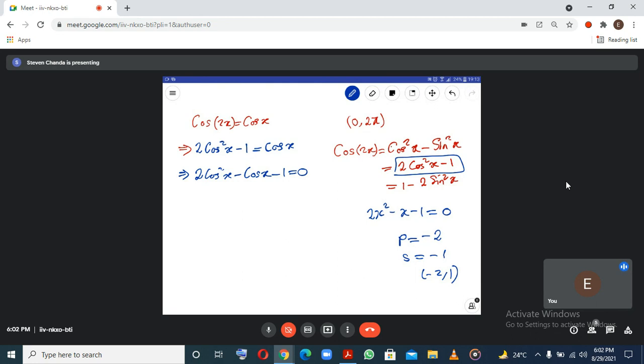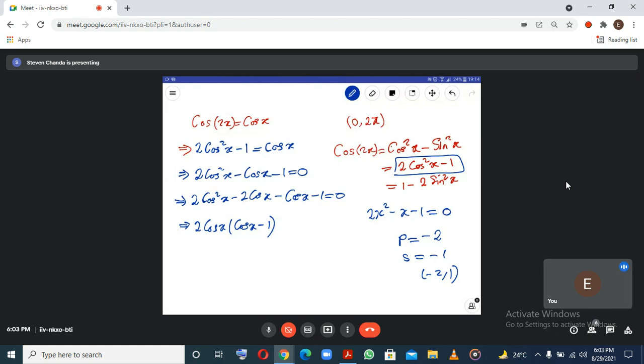So having done that, what we're going to do is just substitute. Then remember you want what?